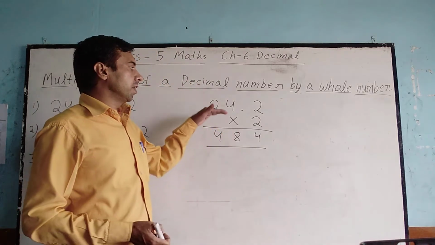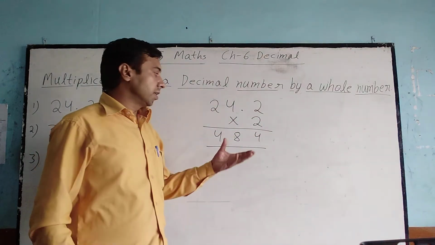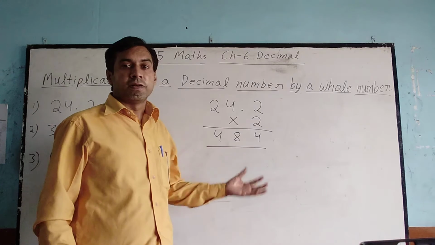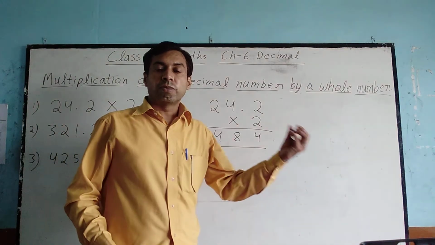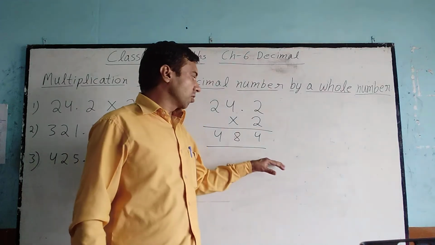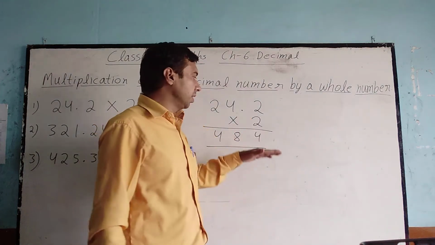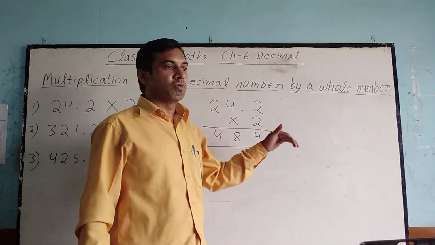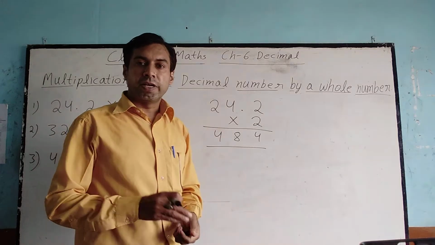What are we doing? We are multiplying a decimal number by a whole number. And how do we put the decimal? Students, in the product, counting from the ones place, we put the decimal leaving digits equal to the total number of decimal places in the decimal number we have.